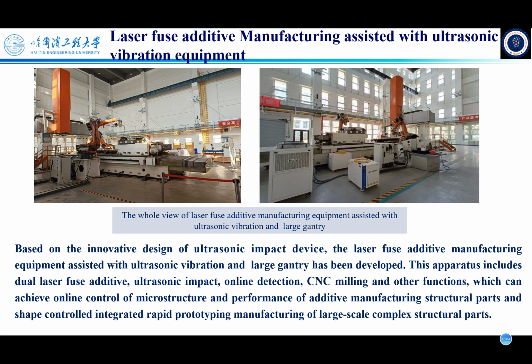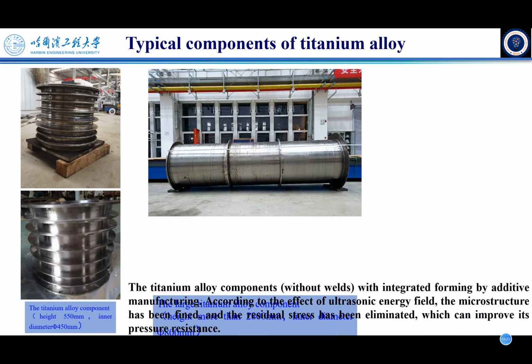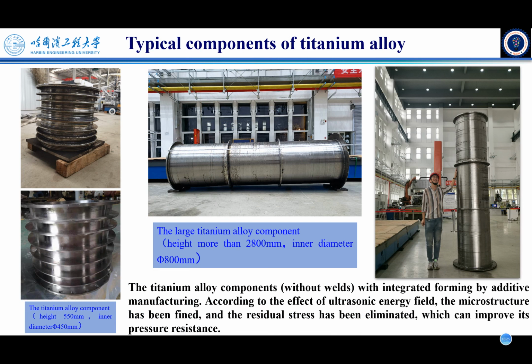These apparatus include dual laser additive, ultrasonic impact, online detection, CNC milling, and other functions, which can achieve online control of the microstructure and performance of additive manufacturing structural parts and shape control, integrated rapid prototyping manufacturing of large-scale complex structural parts.